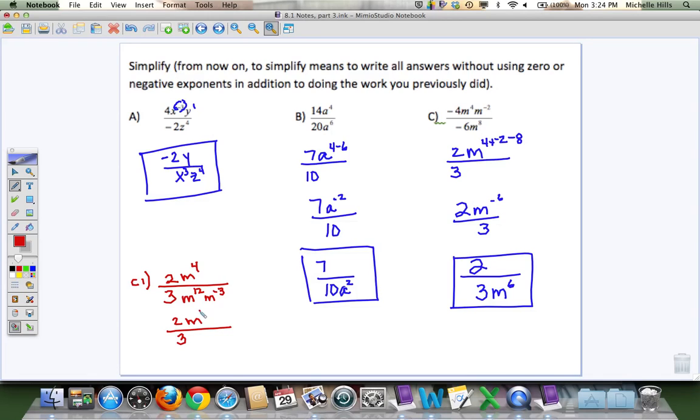I take my 4, I subtract these exponents in the denominator because I'm dividing by m to the 12th and I'm also dividing by m to the negative 3. So 4 minus 12, minus negative 3 would be 2m to the, this would be negative 8 plus 3 is negative 5th over 3. And then I don't want that negative exponent, so 2 over 3m to the positive 5 would have been my answer.